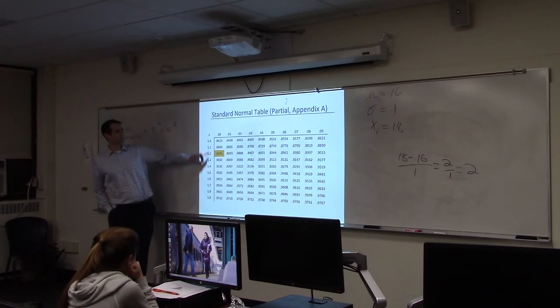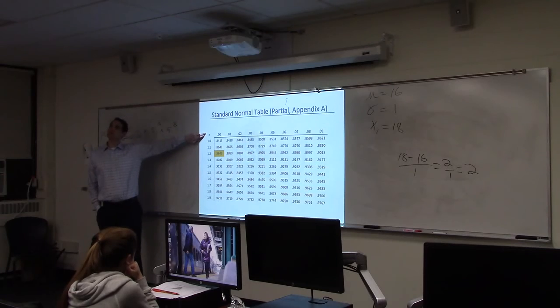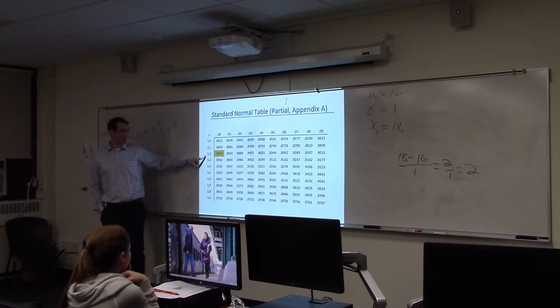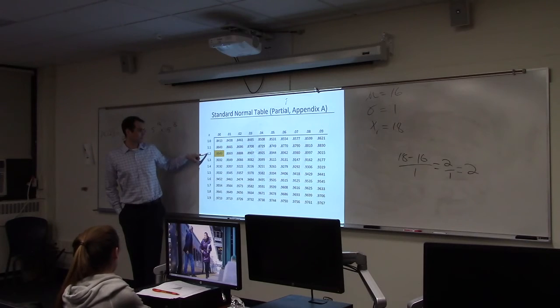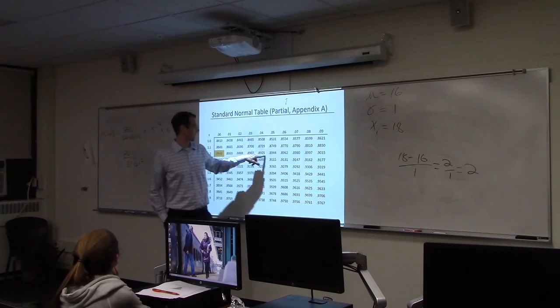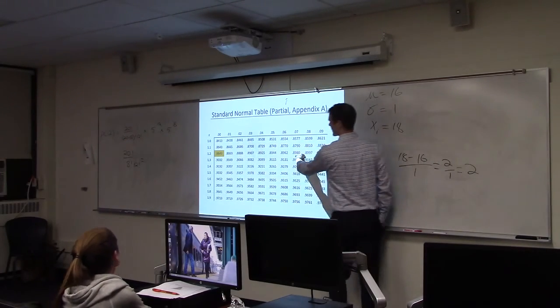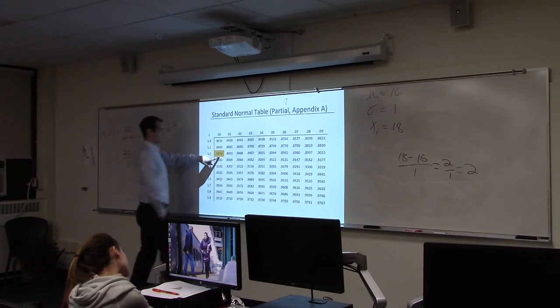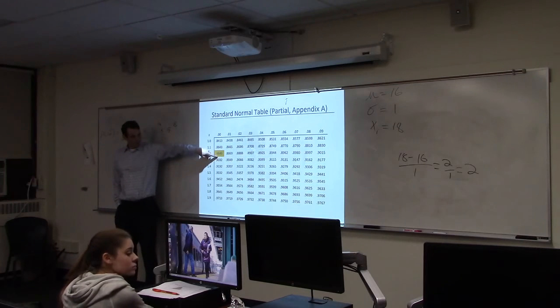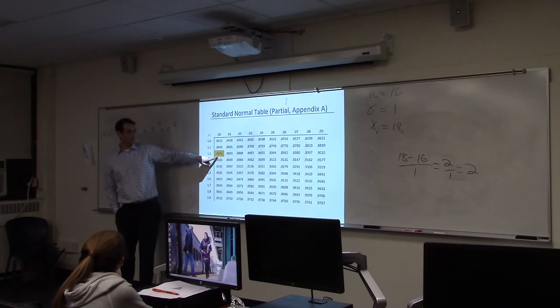How the z-table works is you look down the vertical column for a z-score of 1.2. If it's, say, 1.27, then you would go to 1.2 and all the way across to 0.7. What we're looking for right now is just 1.2. We look for the area associated with that z-score.